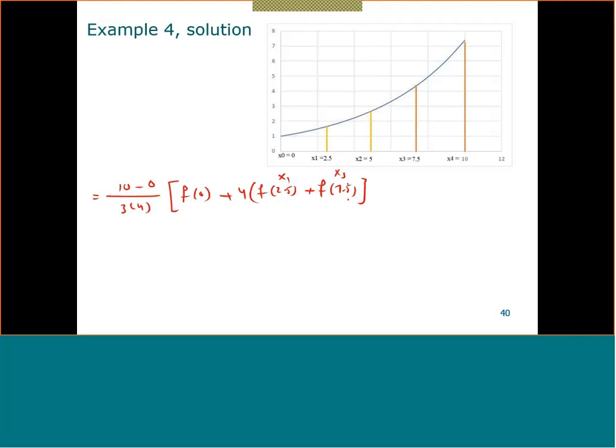If there is x5, then we add x5, but the maximum here is x4 only. Plus 2 times f of 5, which is x2. And the last one, this is the limits here, so we don't have it here, we have it outside, plus f of 10, which is x4. So now we have all the terms.